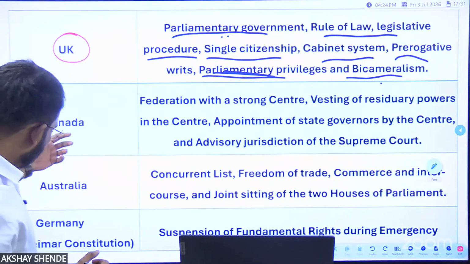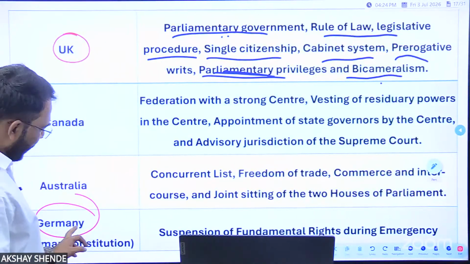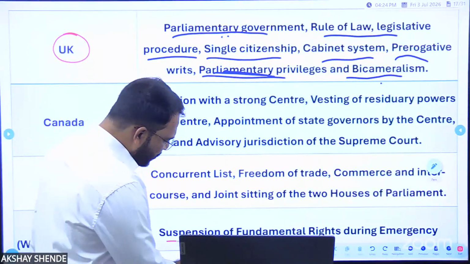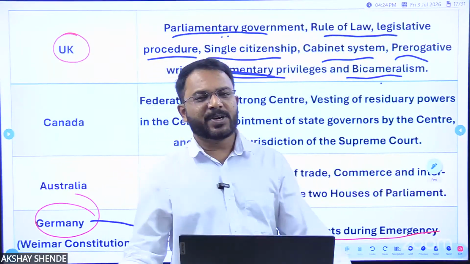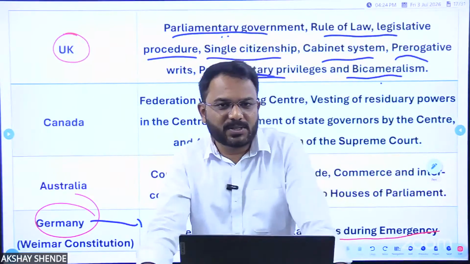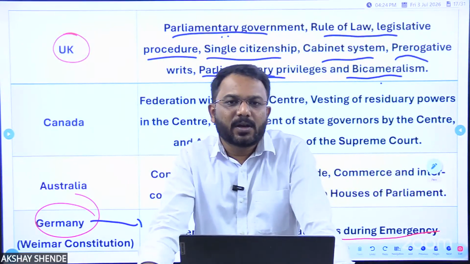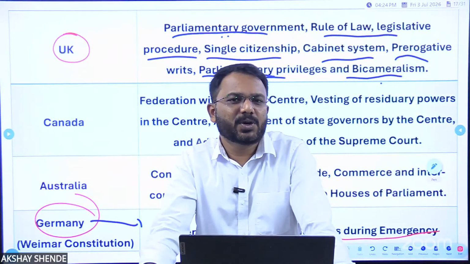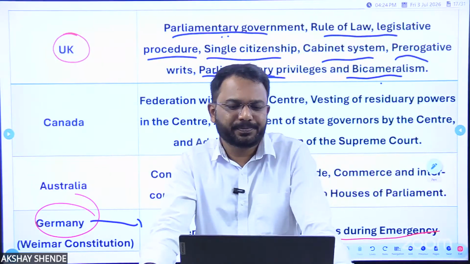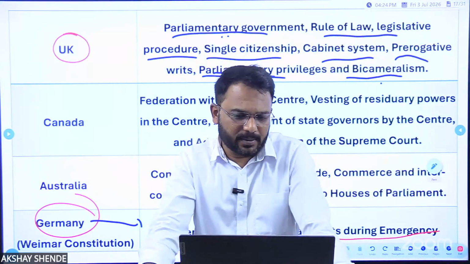Let me give you some interesting example. Let's take Germany. What we have taken from Germany: suspension of fundamental rights during emergency. Now, if I ask you a question, if I say Germany, which person do you remember or recall? The answer will surely be Adolf Hitler.